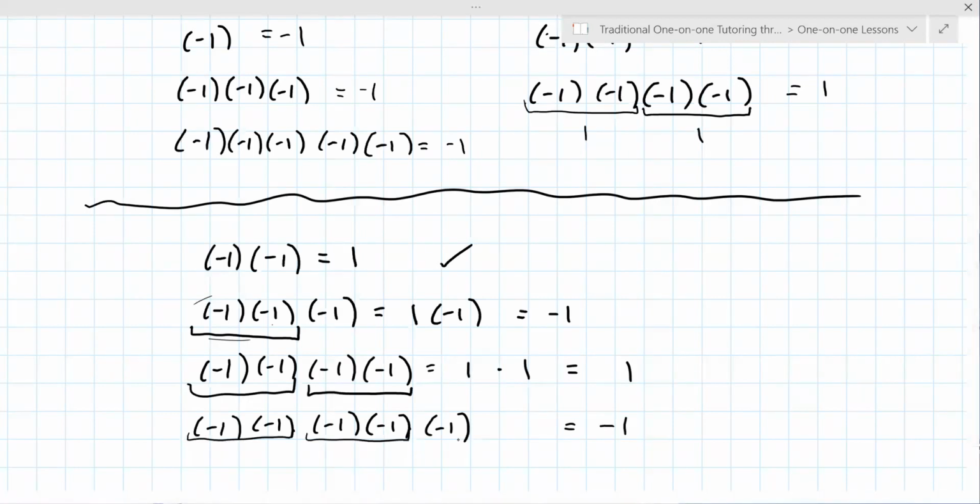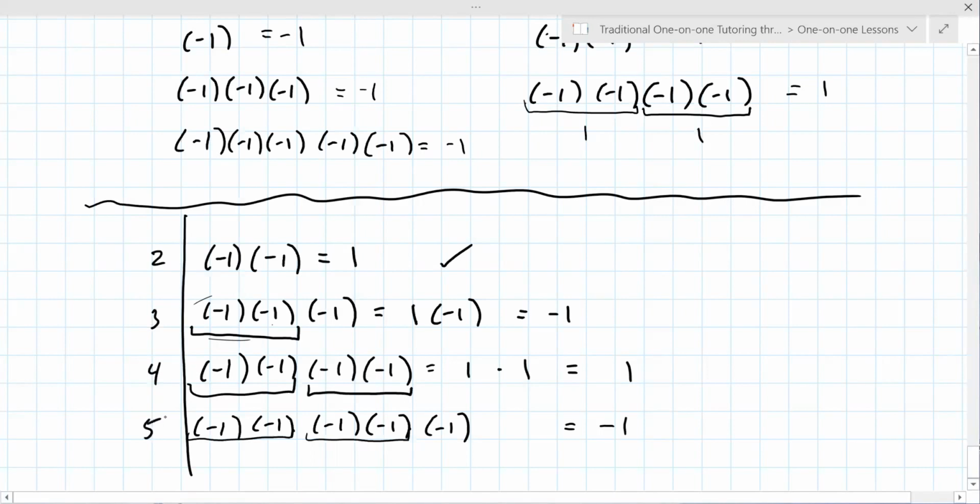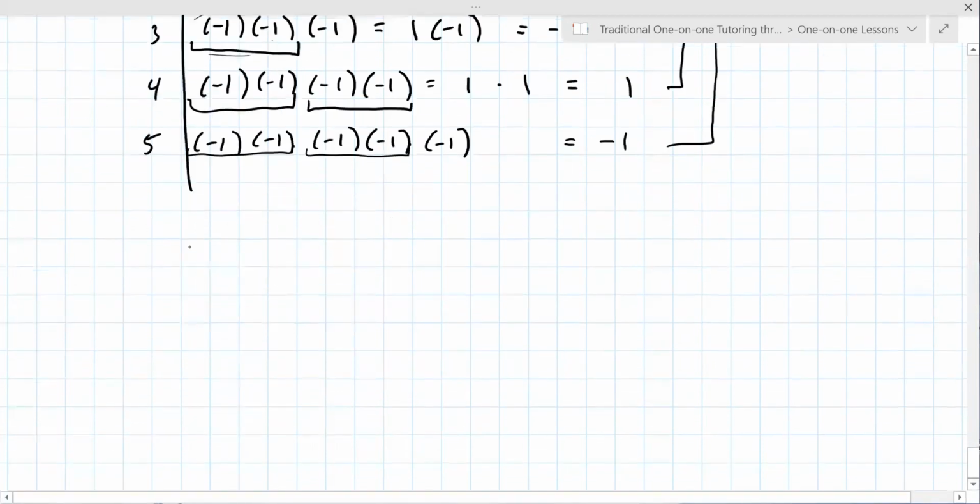Okay, so notice you have 2 here, 3 here, 4 here, and 5 here. When it's even, the answer is positive. When it's odd, the answer is negative.